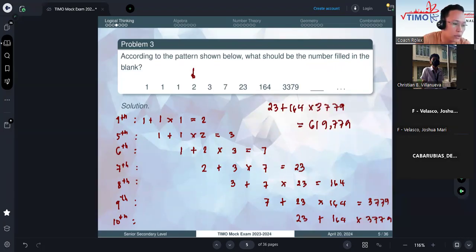Yes, this should be 3779. I guess in the question it's correct.